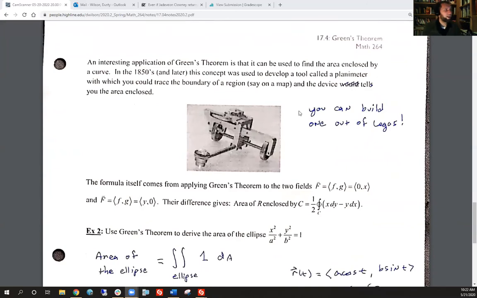So an interesting application of Green's theorem is that it can be used to find the area enclosed by a curve. In the 1850s and later, this concept was used to develop a tool called a planimeter, with which you could trace the boundary of a region, say on a map, and the device would tell you how much area was enclosed.